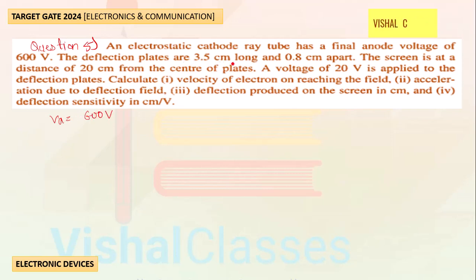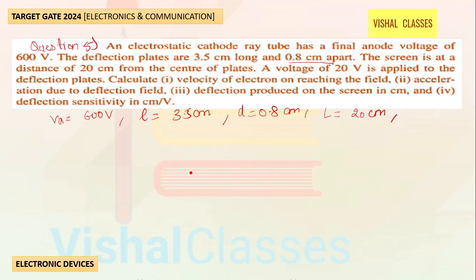Deflection plates are 3.5 centimeter long, small l is 3.5 centimeter. Next, 0.8 centimeter apart, so distance between plates is 0.8 centimeter. Next, screen is at a distance of 20 centimeter, capital L, the screen distance from center of plates.